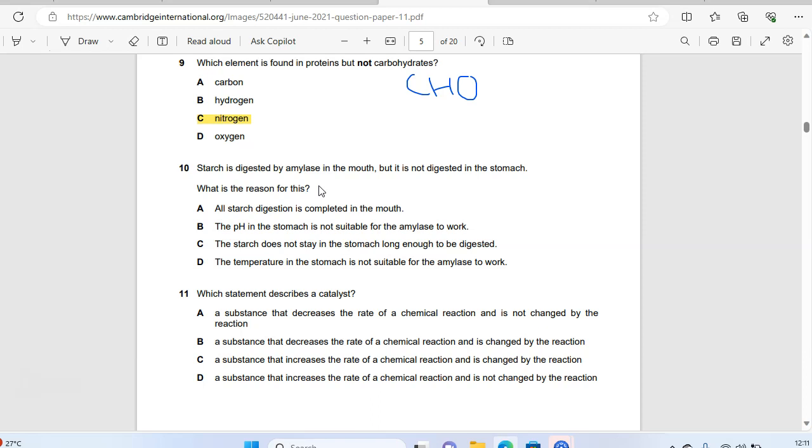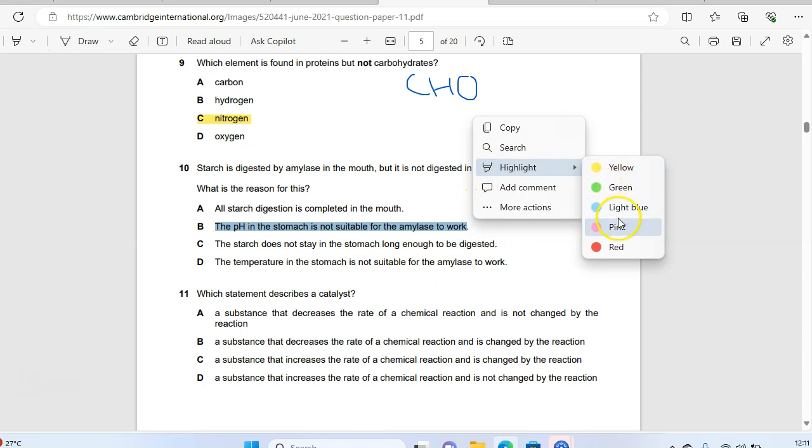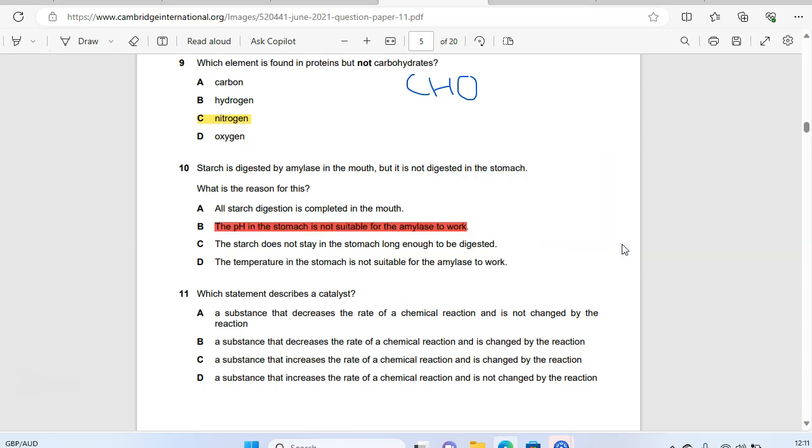In the stomach, protein is mainly digested, and the pH in the stomach is very low because of hydrochloric acid. We know that all enzymes are very specific for pH. So the pH in the stomach is not suitable for amylase to work. This is the answer.